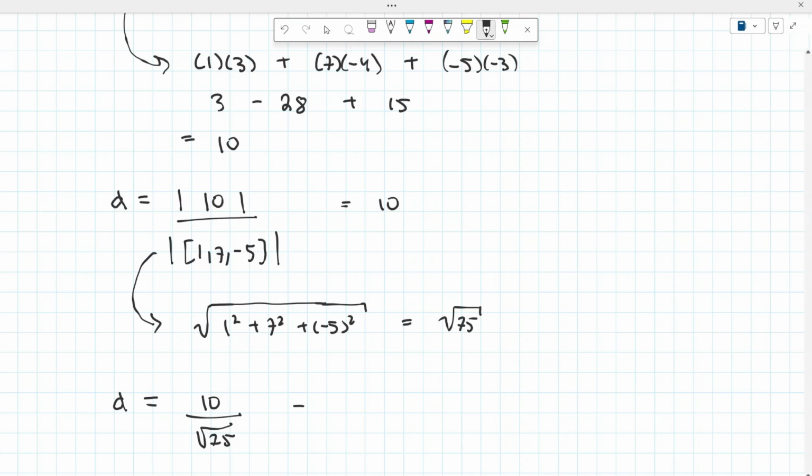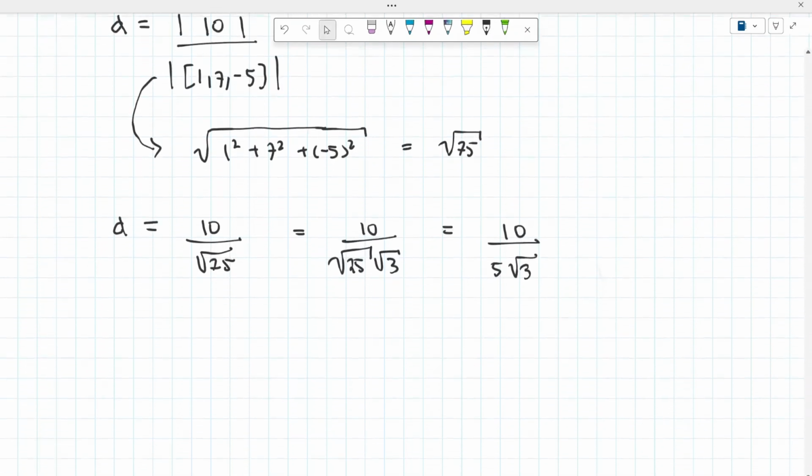And let's see if we can simplify this. So 75 can simplify into 5 root 3 because we break it down to the root of 25 times the root of 3, which equals 10 over 5 root 3. And let's see if we can break up 10. Well, the other thing we can do is rationalize this.